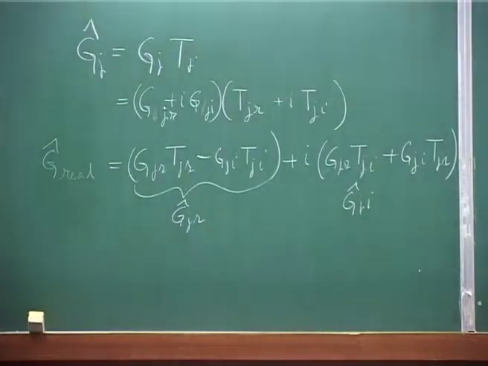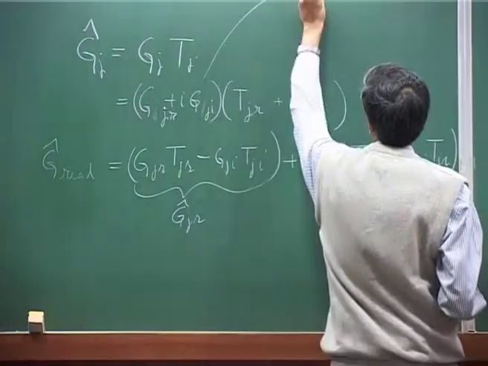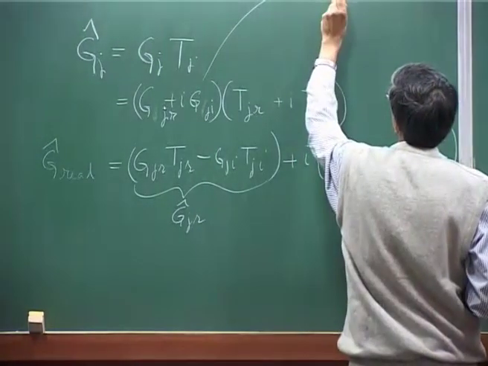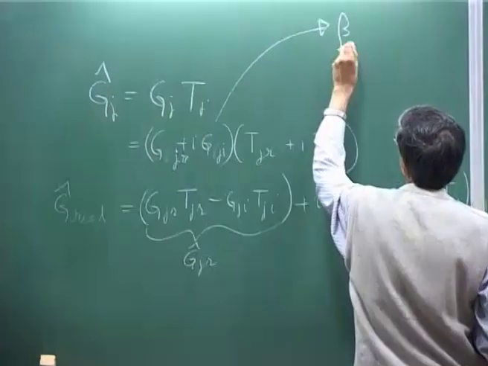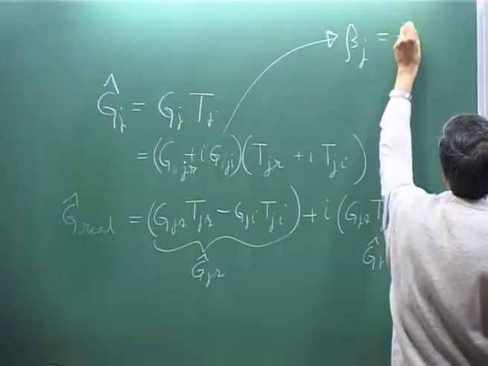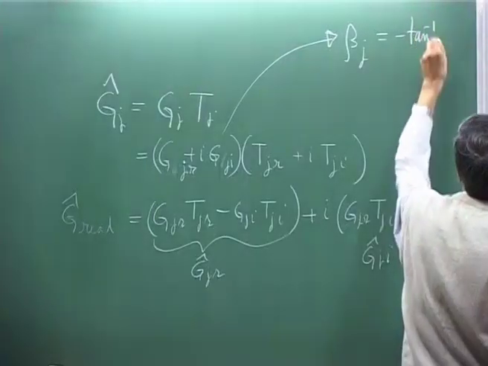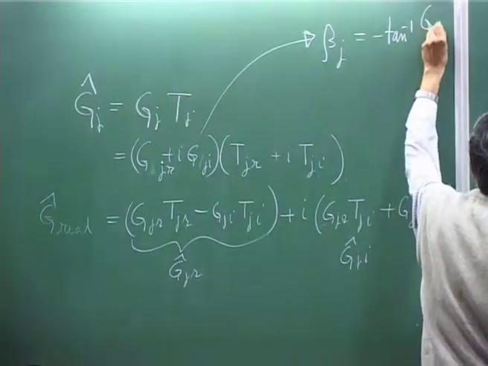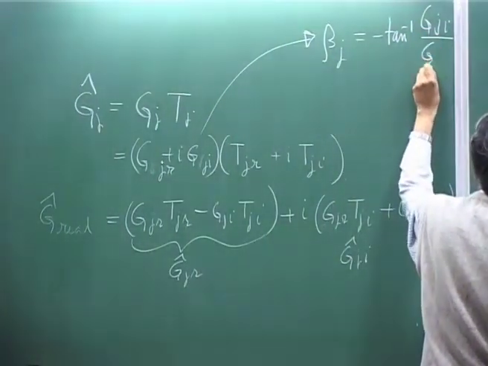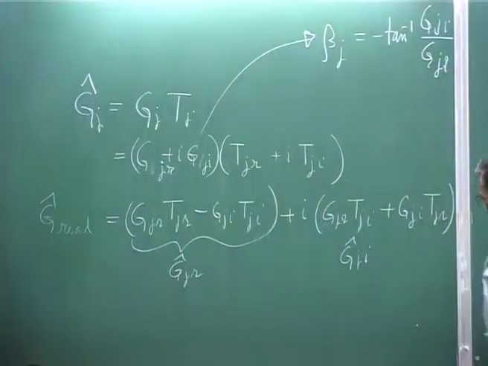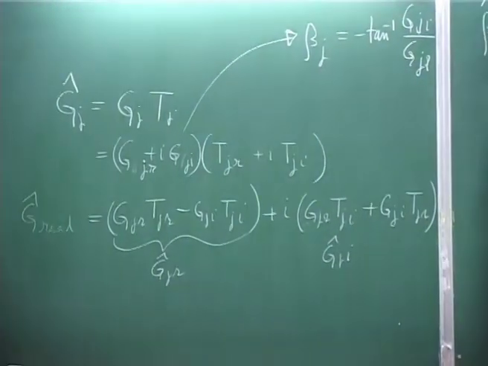Remember that with the original method, we defined the numerical phase speed through that beta j. Beta j was minus tan inverse of gji by gjr. Now, after filtering, you are going to get this.